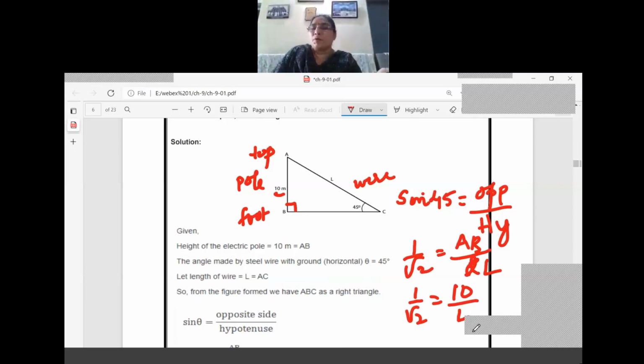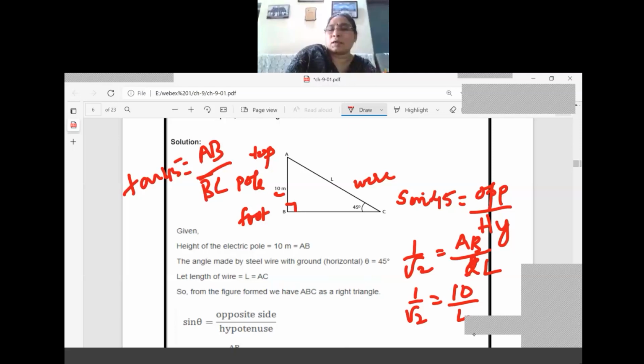Now listen all of you. If you use tan 45 here, what will happen? Tan 45 equals the opposite side, that is AB, divided by the adjacent side BC. Right? So tan 45 equals 1 only. What is AB? AB is 10.